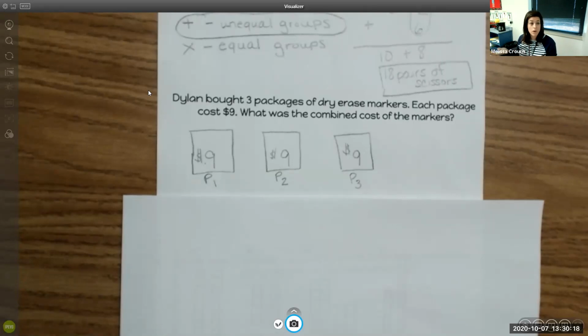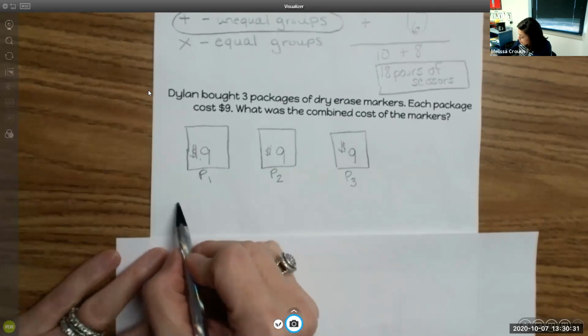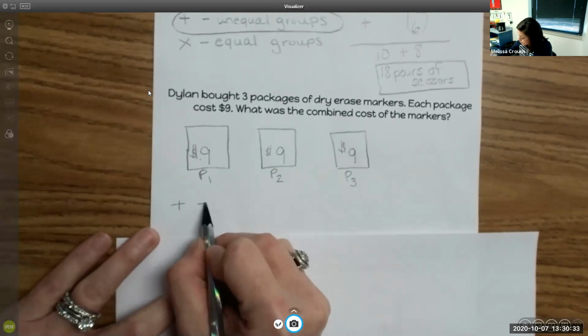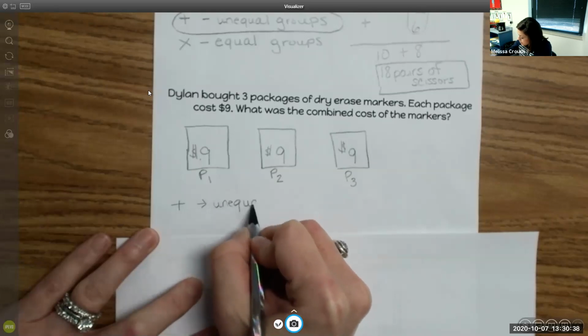What am I going to owe to the Target person? So I am going to put them together. So when I put the numbers together, let's talk about what we do. When you're putting numbers together, if you're adding, you are adding unequal groups.